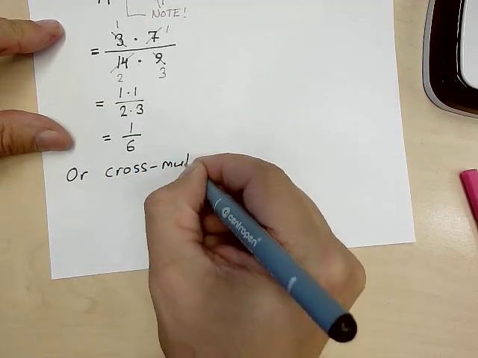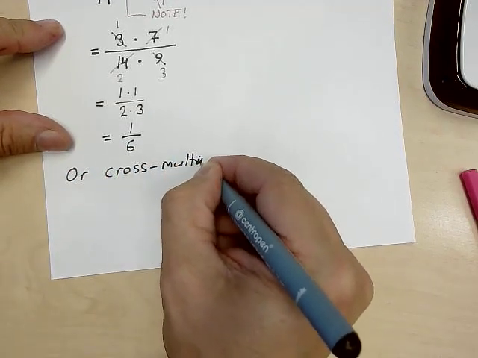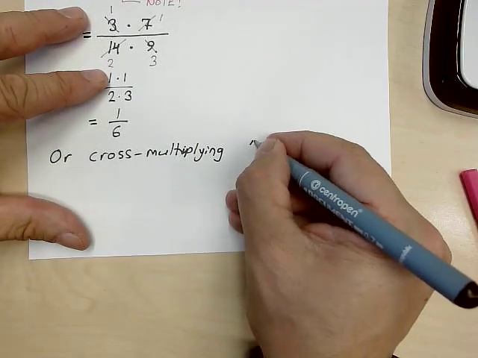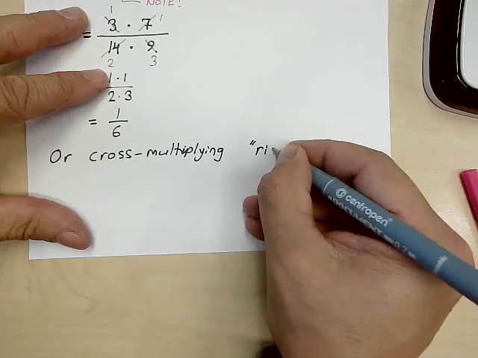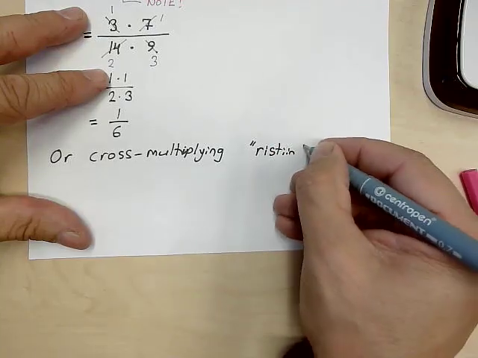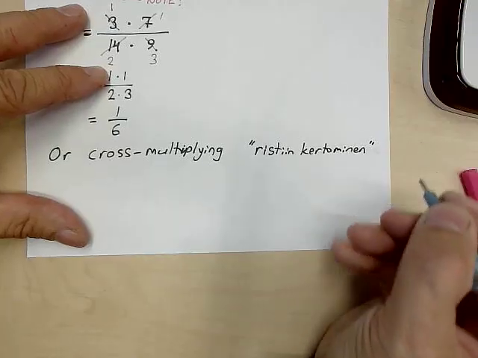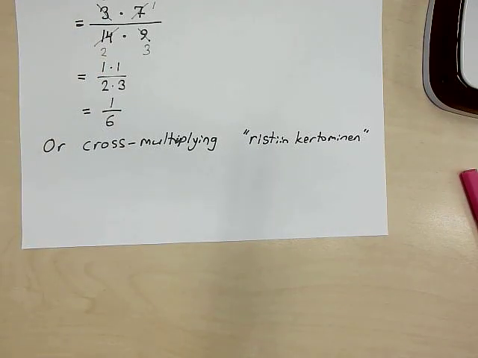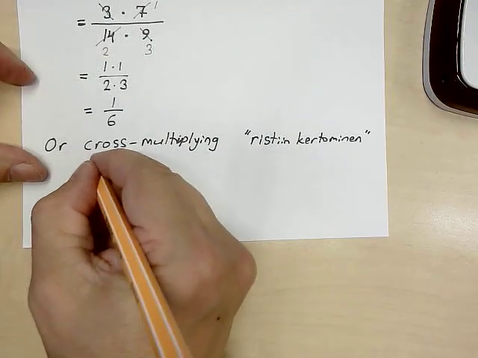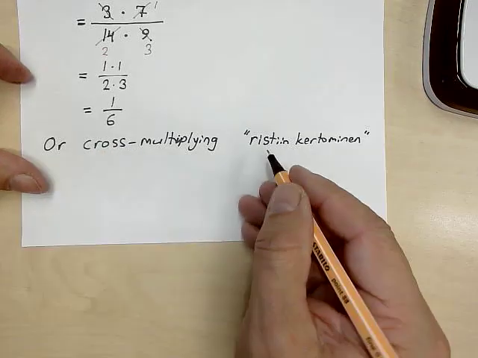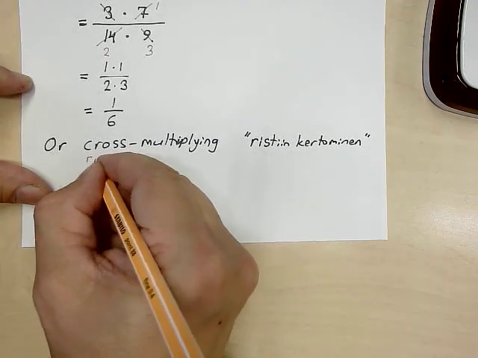Cross multiplying. In Finnish it is called ristiin kertominen. Cross means risti in Finnish.